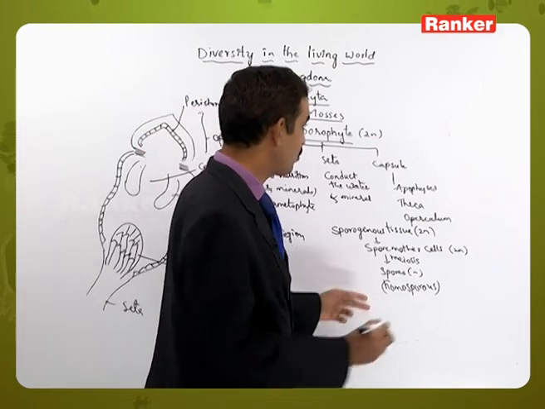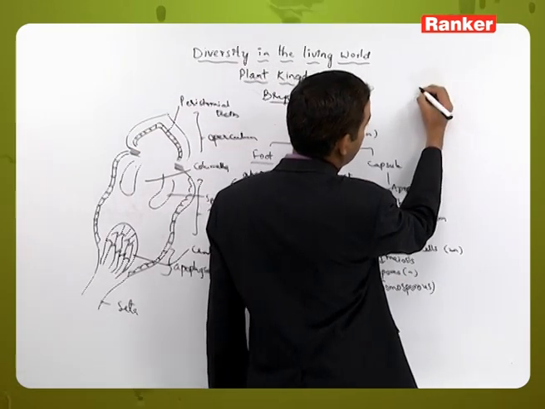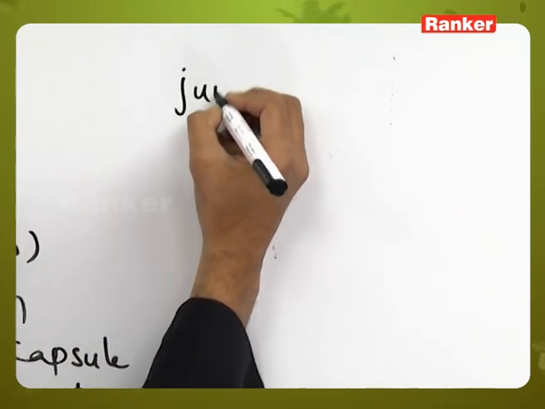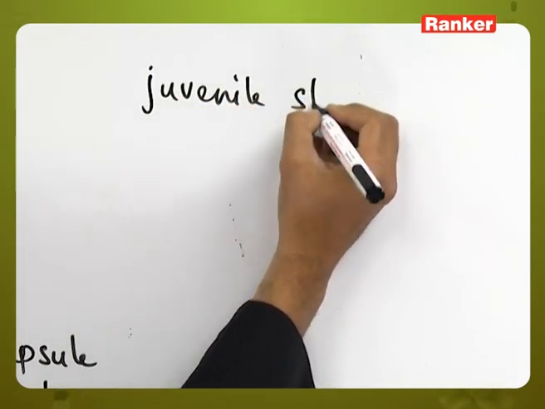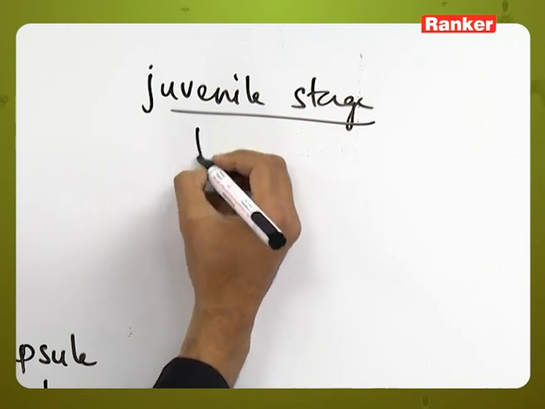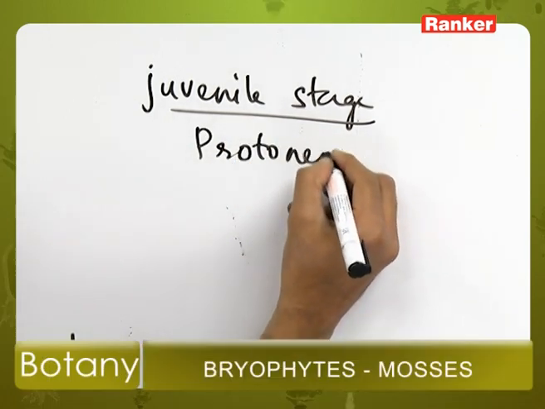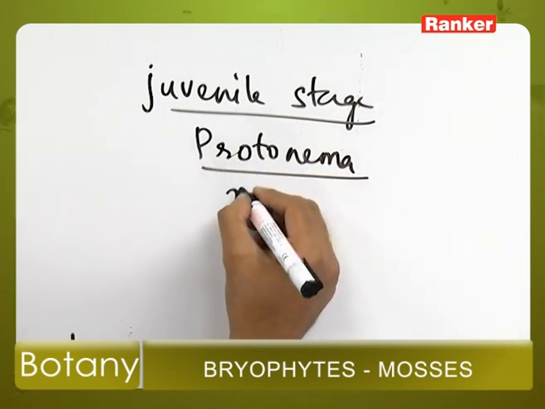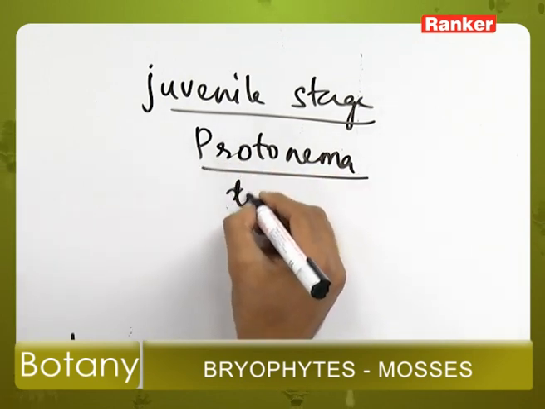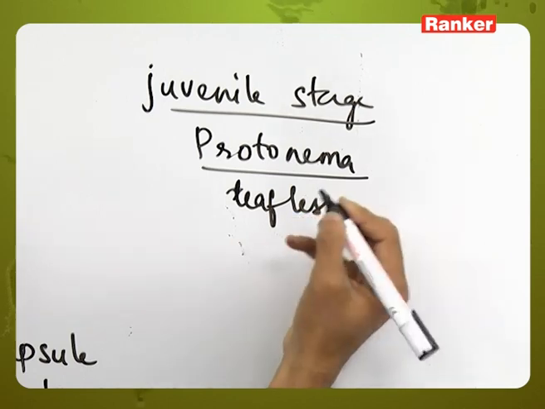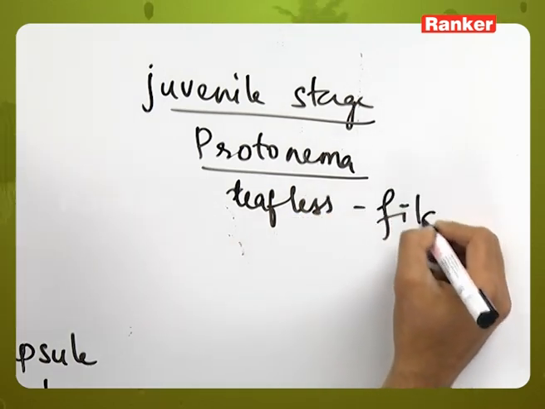The gametophytic generation also has two stages. First it will form a juvenile stage. The juvenile stage is called the protonema, which is a leafless and filamentous structure.